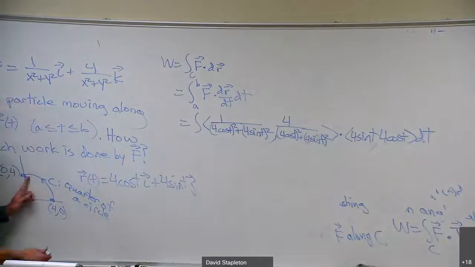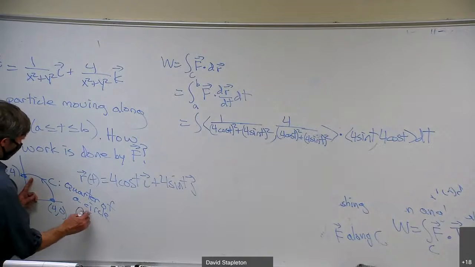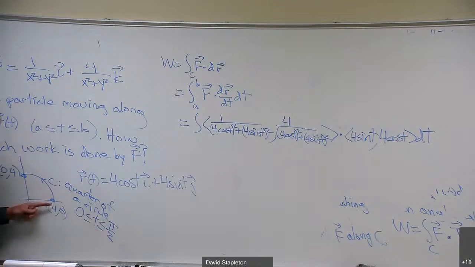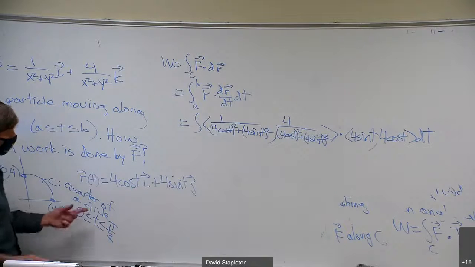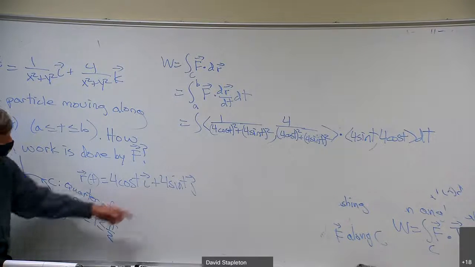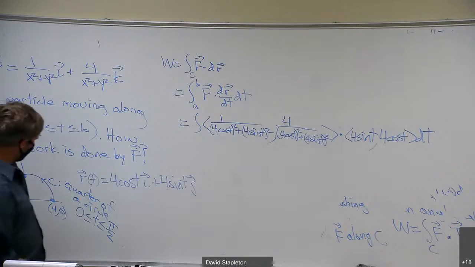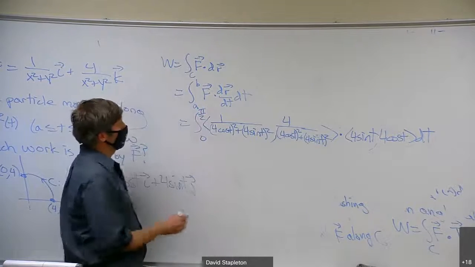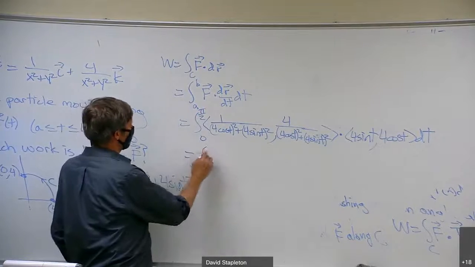To do a quarter circle, I'll use 0 less than or equal to t less than or equal to pi over 2, because t is the polar angle for the unit circle cosine t, sine t, and so it's also the polar angle for a circle of 4 times that radius. So this will go from 0 to pi over 2. Well, this is easier.